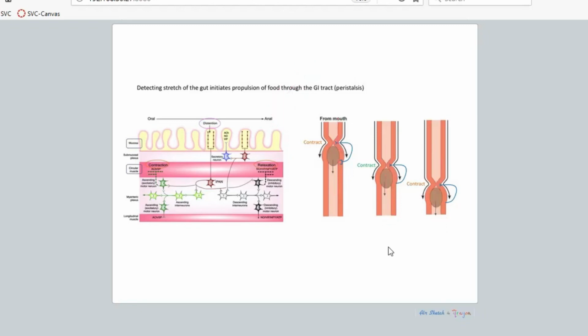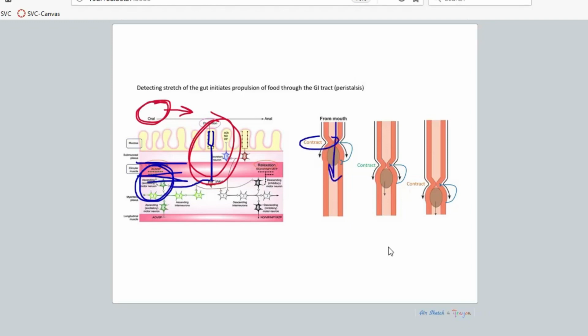Essentially, food travels down here and stretches the wall of the GI tract. This is a stretch receptor, a mechanoreceptor. It's stimulated, and it actually doesn't go to the central nervous system. Instead, it activates a neuron behind it that causes contraction of this smooth muscle, and that causes the food bolus to be propelled through the gastrointestinal tract. So again, just another example of a sensory receptor we find inside the body.